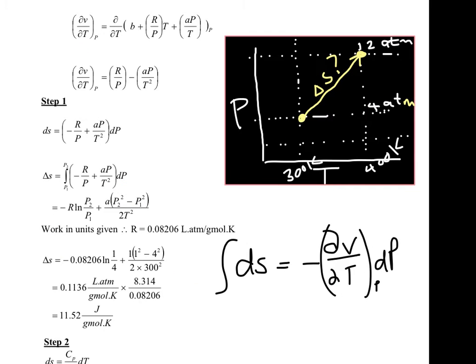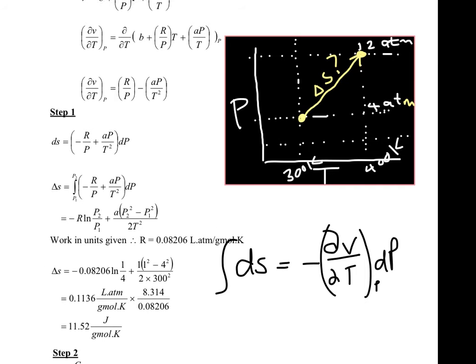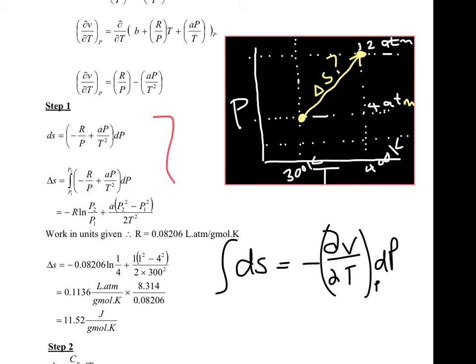I do not want to spend too much time on the maths, but I want to point out one important aspect of this evaluation that is missed by many students when they do problems in tutorials or in tests. And that is, if you consider this expression, this is still general. We can apply this equation whether we are considering this first part of the change in pressure or the second part.